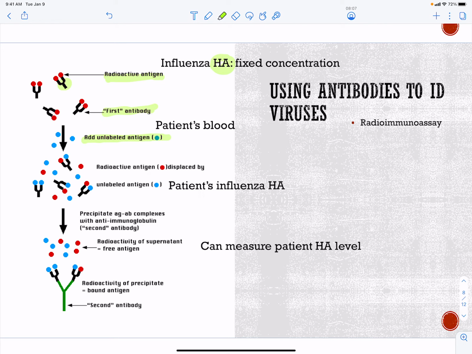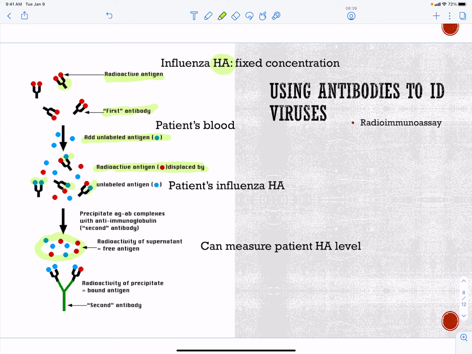And then what happens is your radioactive antigen gets displaced by the flu antigen that came from the patient, those blue balls. Your unlabeled antigen, these blue balls, are going to start to bind better to the antibody. They don't have that radioisotope interfering with them. Then you're going to precipitate, and then you're going to look at radioactivity of the supernatant.